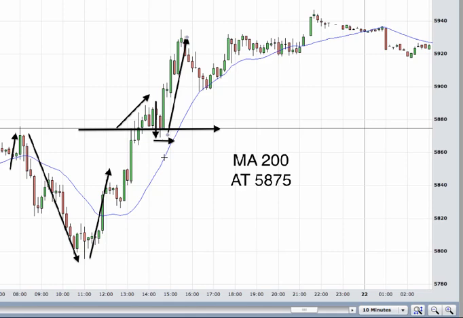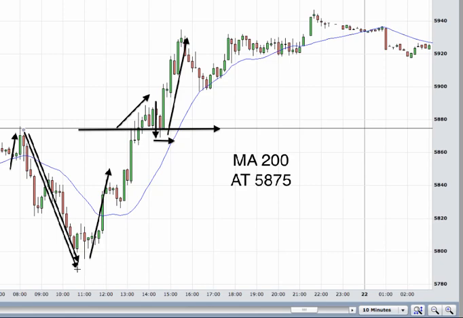Profit levels, well, you can either through analysis pick out a high probability zone above, or you can use the length of the previous rejection from this level. So in this case, the market rejects itself at 5875 in the morning. We have a 75-point move down here.